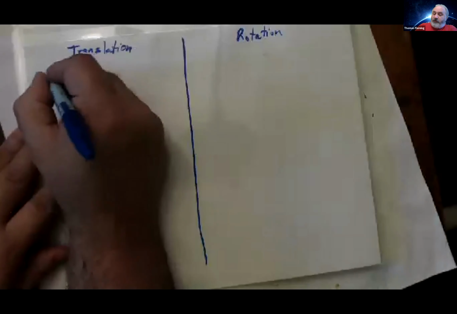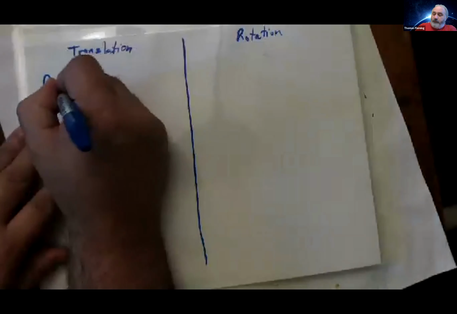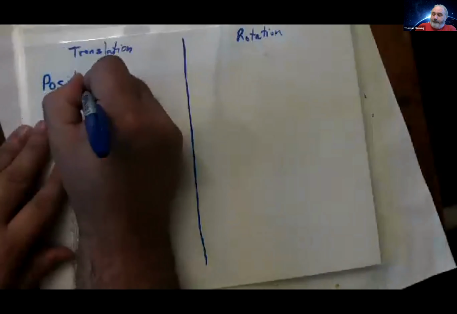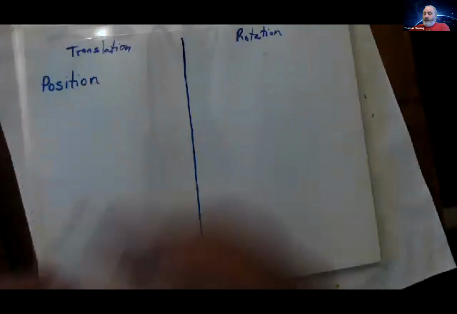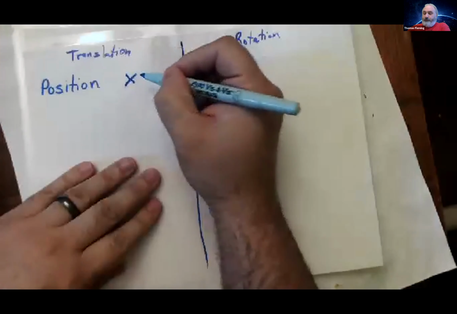So in translational motion, we had position. Now, what was the symbol that we used to represent position? What variable represented a position back in chapter 2? X. Yeah. Position was always X, or even in chapter 3, it could be X or Y. But let's stick with X.